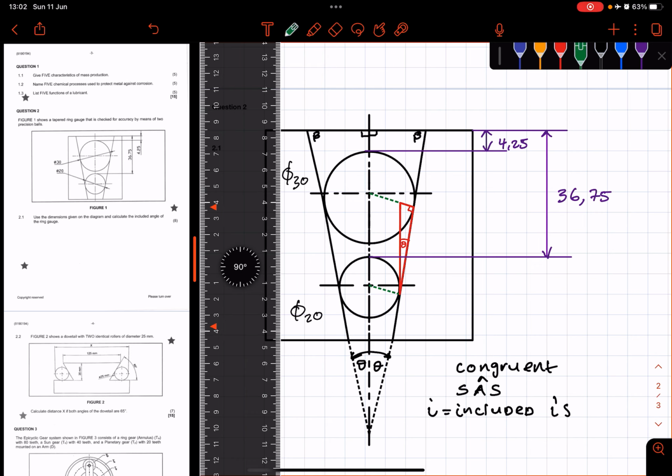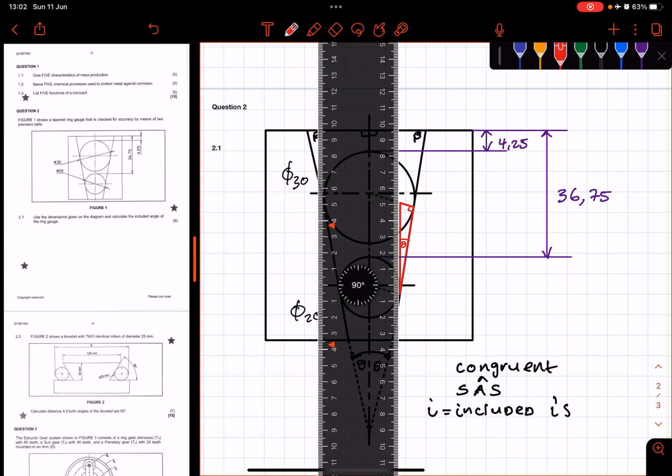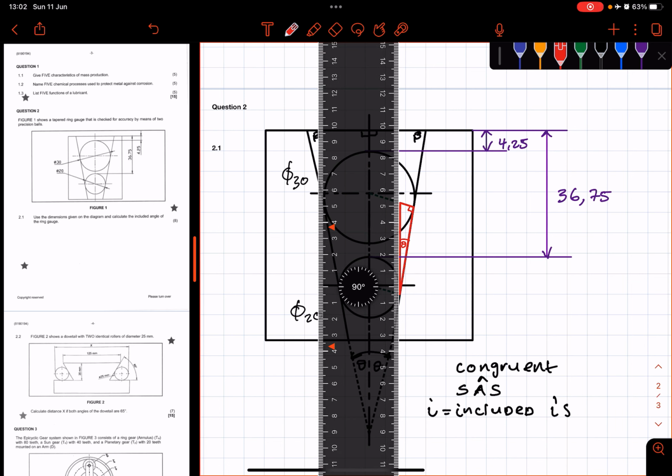Now going back to what happens if we draw a line from the tangent line, or the taper, going straight up, the angle that gets created right at the corner here is equal to theta.